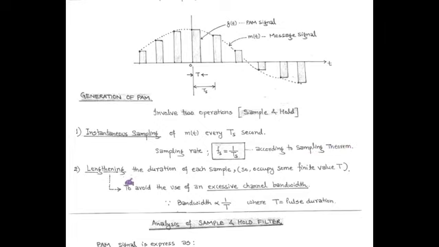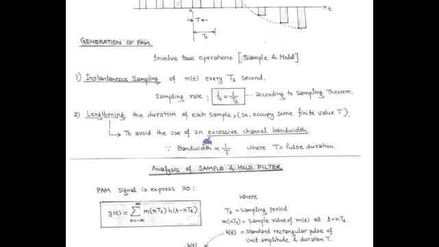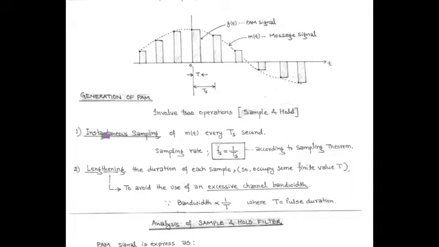And in order to avoid excess use of channel bandwidth, we can increase the duration or width of each pulse so that each pulse occupies some finite value of T. As the value of T increases, that is width, the channel bandwidth decreases, since bandwidth is inversely proportional to pulse duration capital T. So, for the generation of a PAM signal, there is an involvement of instantaneous sampling as well as lengthening the duration of each sample.